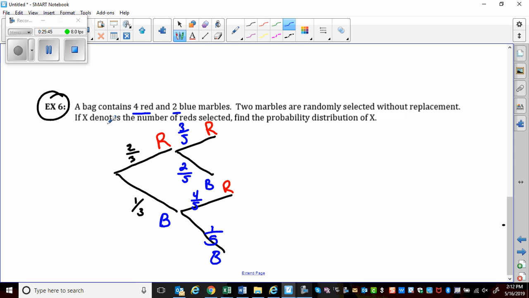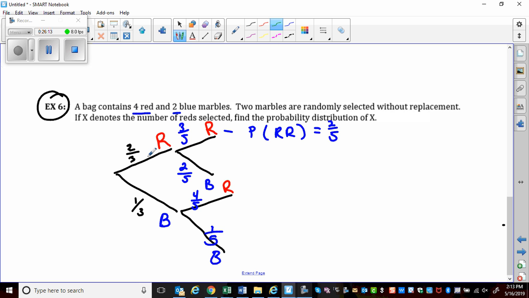It says, if X denotes the number of red selected, find the probability distribution of X. So this one is the probability that it is a red and a red. And this is, remember, since we're multiplying them, this is going to be 2 times 3 is 6 over 15. I think I can simplify this to 2 over 5.